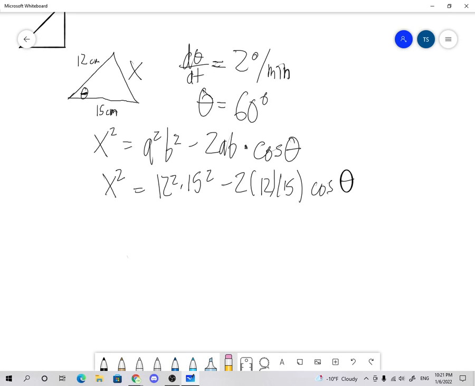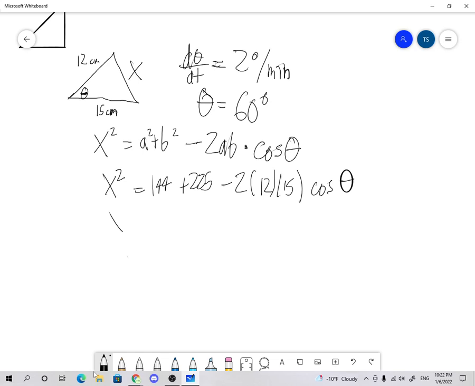Okay, so here's something I forgot about the law of cosines, and I'm just going to fix it up here. This is actually a squared plus b squared minus 2ab. So this would actually be 144 plus 15 squared, which is 225, minus blah, blah, blah. Cool.